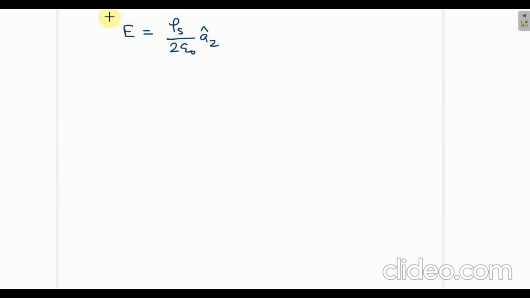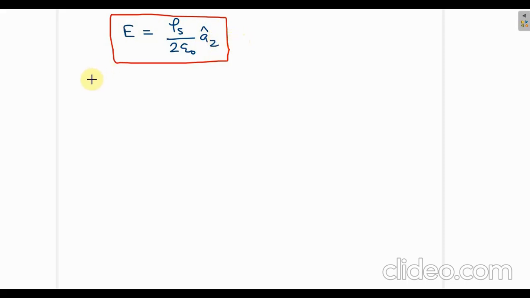Okay, so this is the required relation of electric field intensity due to infinite sheet of charge kept on the xy plane. Okay, so E has only z component if the charge is in the xy plane.